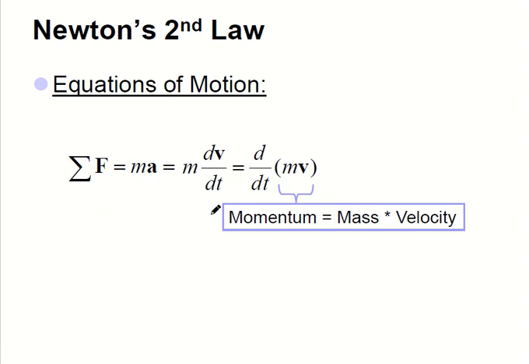Newton's second law review: forces, mass, and acceleration, and we will put in the momentum, which is mv. Momentum is mass times velocity, into this force equation. Acceleration is the velocity against time, with mass still the same.